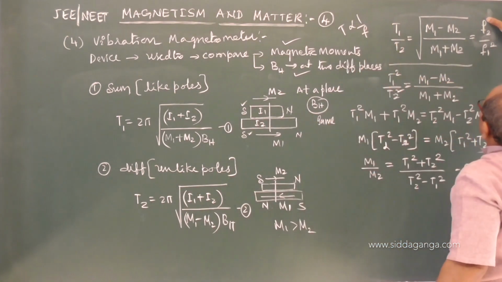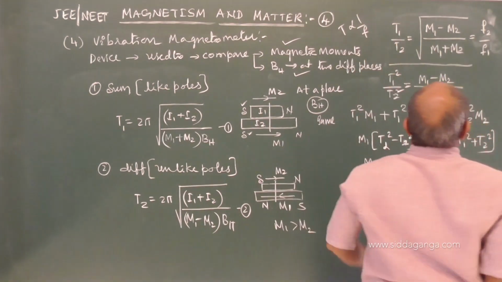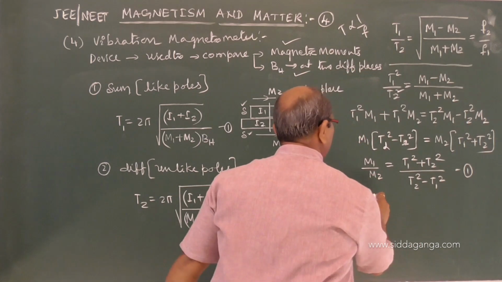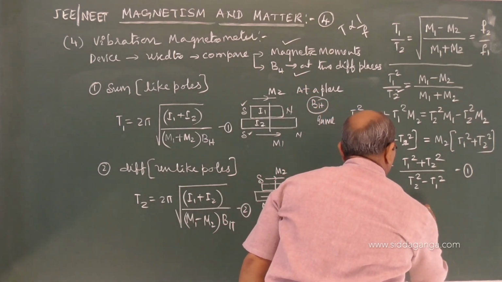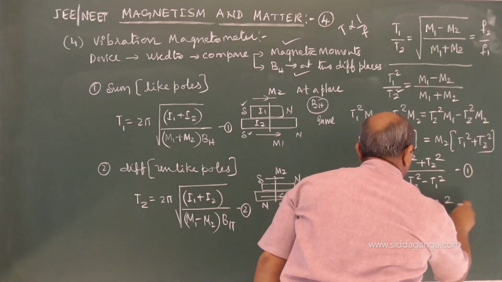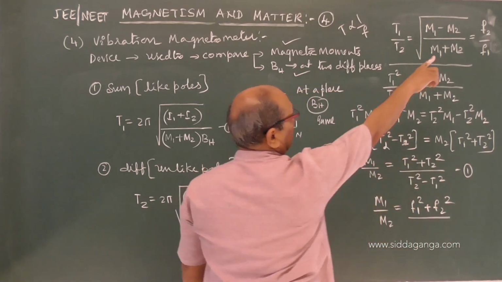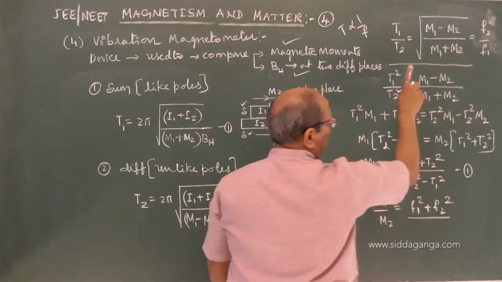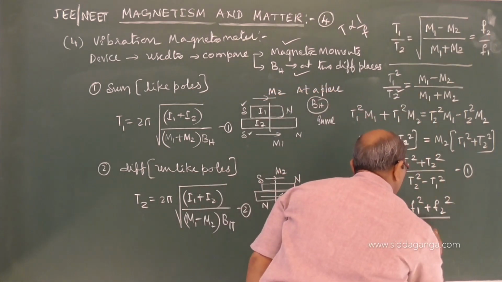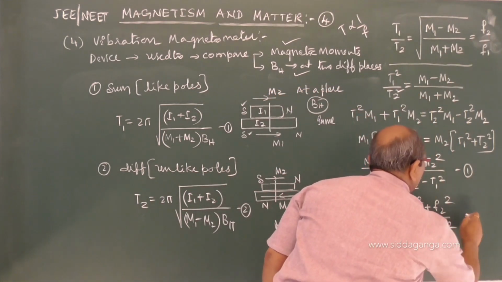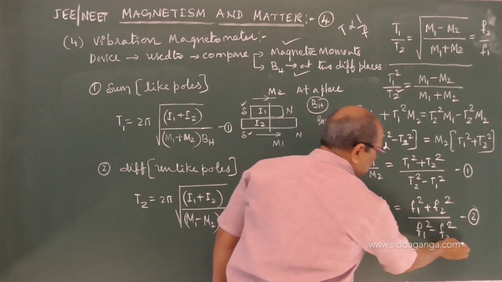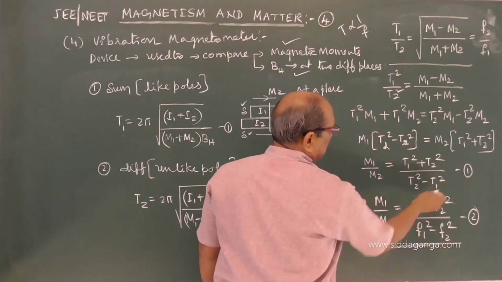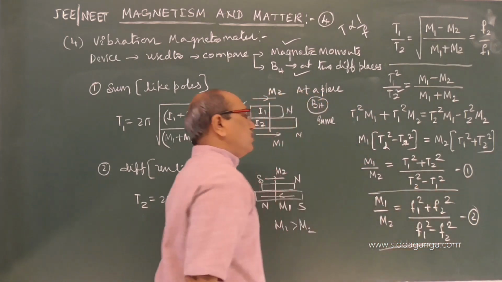If I square it and do the same thing, M1 by M2 is (F1 square plus F2 square) by (F2 square minus F1 square). You can do the same: square it and cross multiply, and the same procedure gives you this. In terms of frequency, if the question arises, you can use this; if the period is given, use the earlier one.